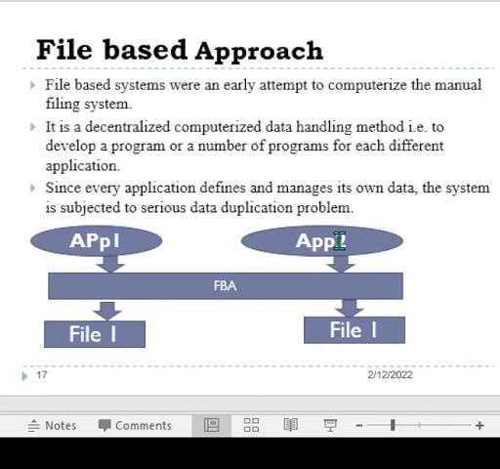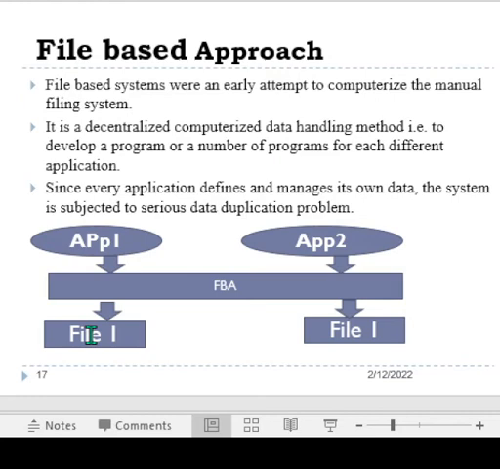Also, there is no multi-user support in the file-based approach. This approach does not allow multi-user access. For example, if the department, application 1, is accessing the Ababe Faisa file, application 2, or academic, cannot access the file, because as soon as application 1 starts accessing it, the file is locked.